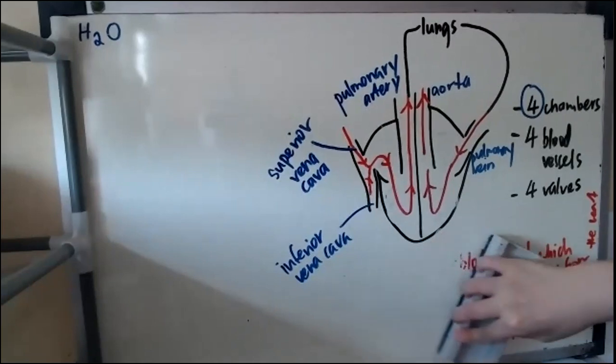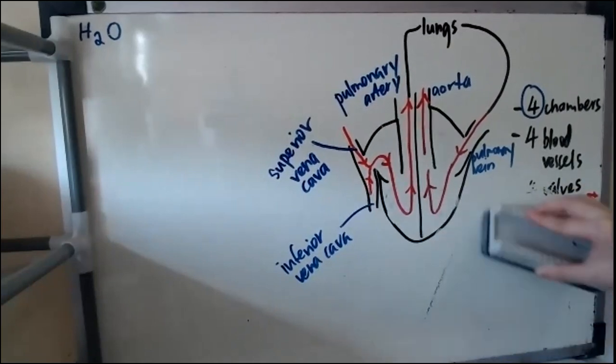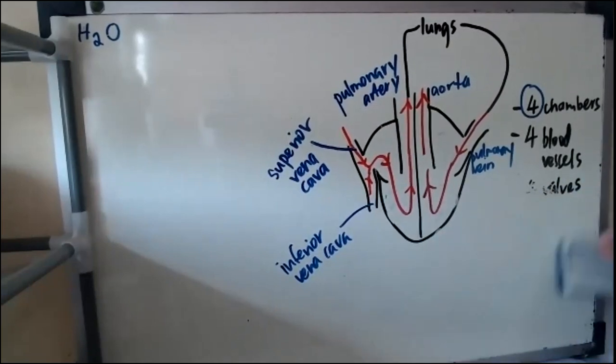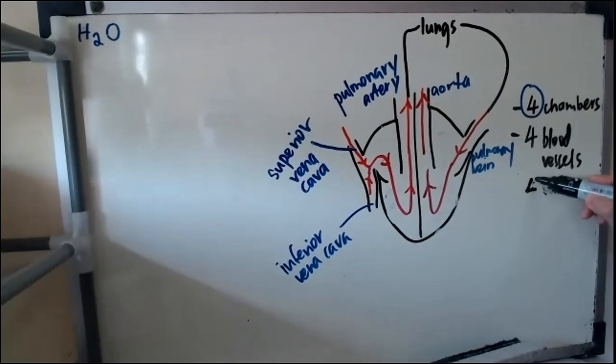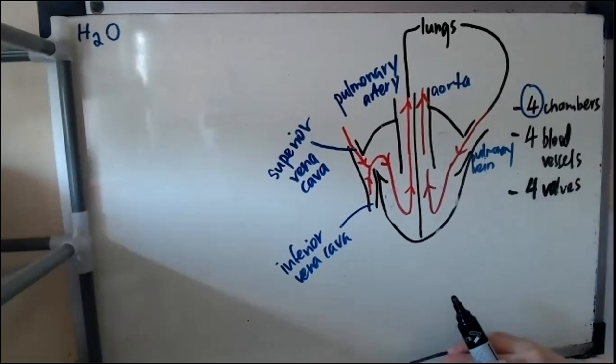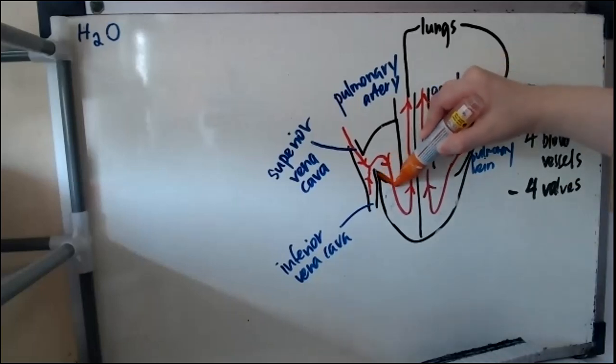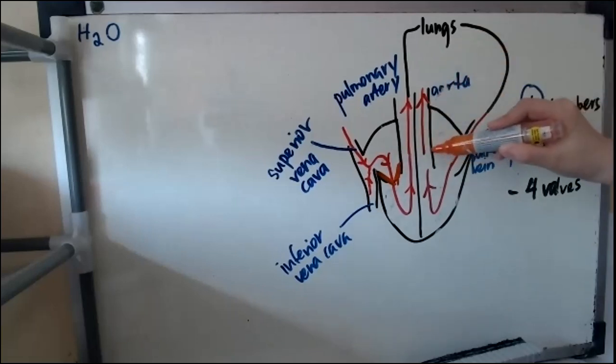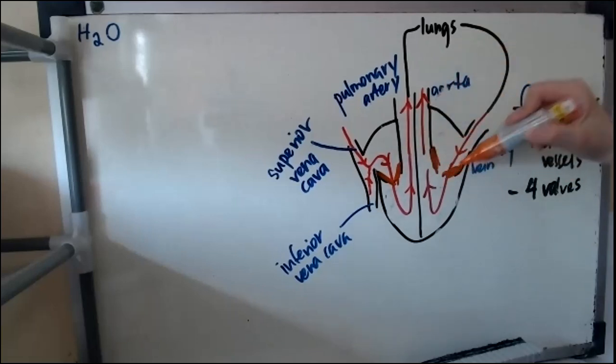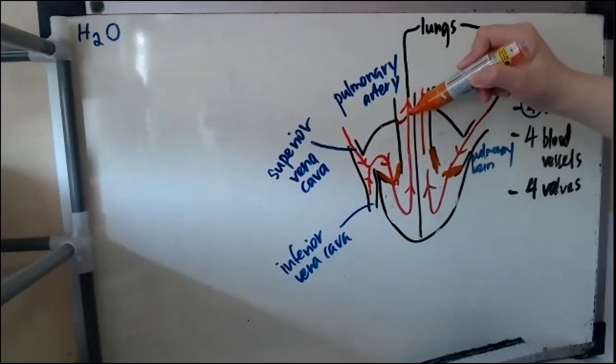I'll erase the blood vessels. Next, we'll look at the four valves. So the valves, I will color it with orange. There is one valve over here, two valves over here, three valves.